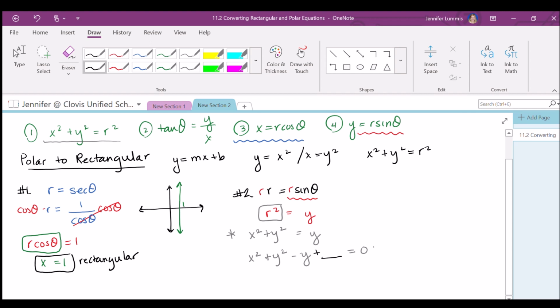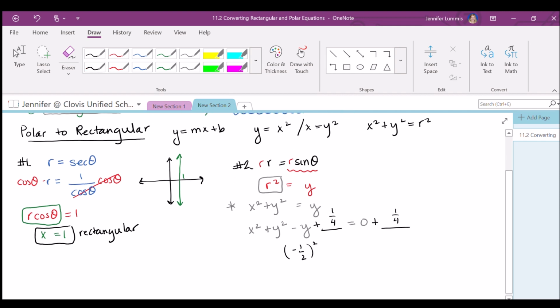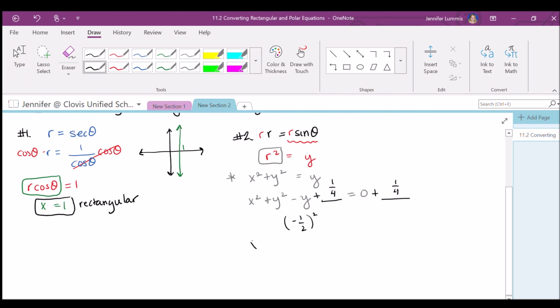So we just have to figure out what number we have to add here to make these y's factor nicely. So half of negative 1 squared makes 1/4. And now I can write my equation as x squared plus y minus 1/2 squared is equal to 1/4.